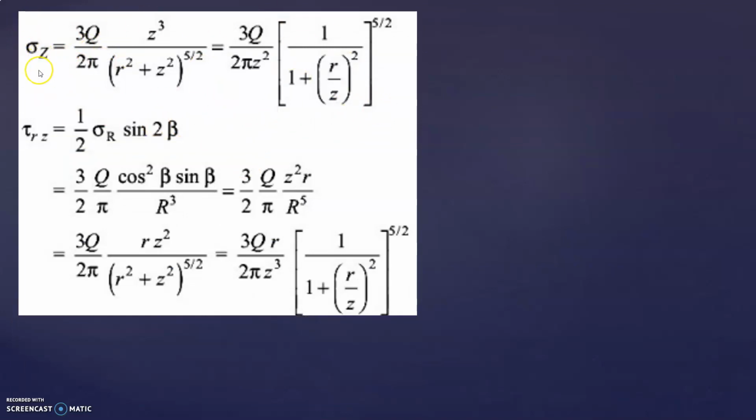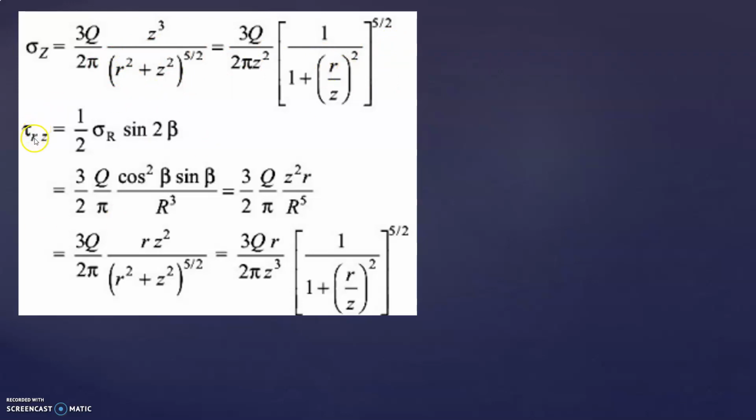That is, sigma z is equal to 3Q divided by 2 pi into z cube divided by (r square plus z square) to the power 5 by 2. When you simplify this, we get 3Q divided by 2 pi z square into 1 divided by (1 plus (r divided by z) square) to the power 5 by 2. So these two equations you have to remember.